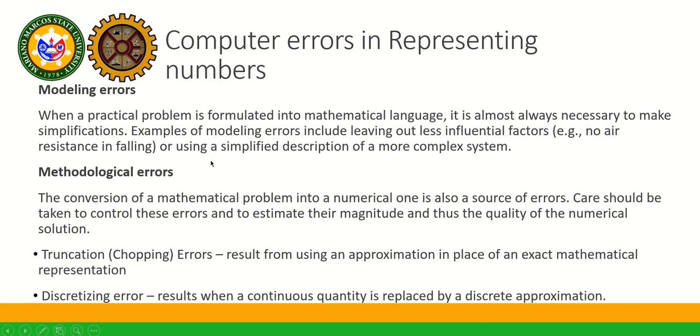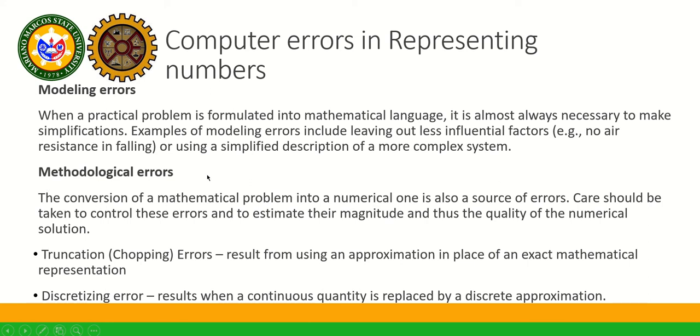Examples of modeling errors include leaving out less influential factors, for example, no air resistance in falling for physics, or using a simplified description of a more complex system. So instead na meron tayong kahit konting air resistance when we fall, we assume na walang air resistance to make the solution simpler and easier. Okay, so those are modeling errors.